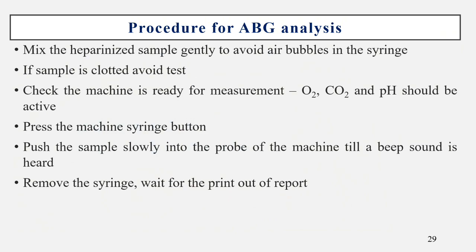Next, procedure for ABG analysis. First, mix the heparinized sample gently, avoiding air bubbles in the syringe. If the sample is clotted, avoid the test. Check that the machine is ready for measurement of oxygen, carbon dioxide and pH, and press the machine syringe button and push the sample slowly into the probe of the machine till a beep sound is heard, and remove the syringe.